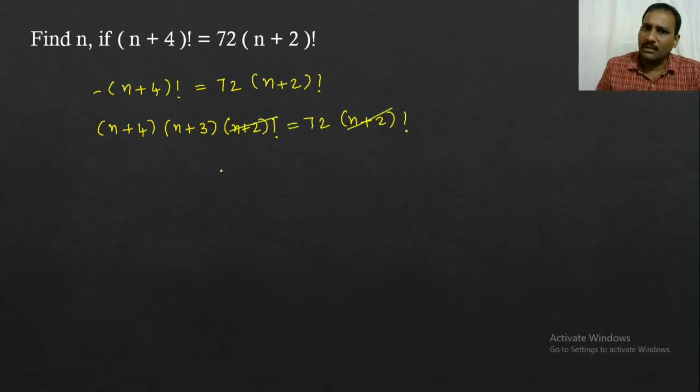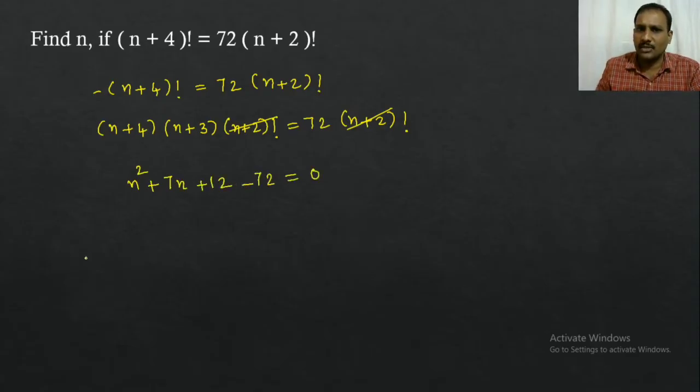So n plus 2 factorial on both sides I have cancelled. What is remaining now? n plus 4 into n plus 3 can be written as n square plus 7n plus 12, and 72 you bring to this side is equal to 0. So this is n square plus 7n minus 60 equal to 0.